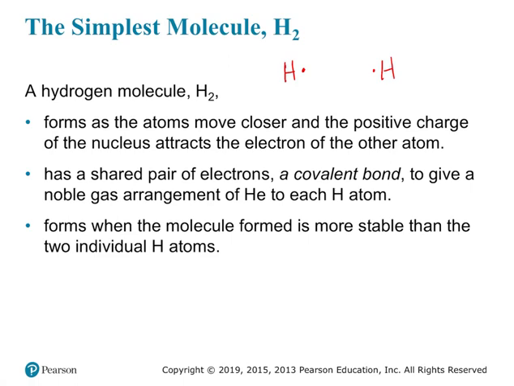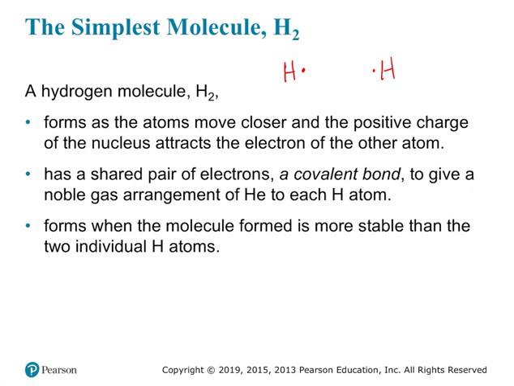All right, so if these two hydrogen atoms start out far apart, each with their own electron, they're pretty unstable. Remember, atoms want to be like a noble gas. So in this case, hydrogen wants to be similar to helium, which is the next closest noble gas. And helium has two electrons.